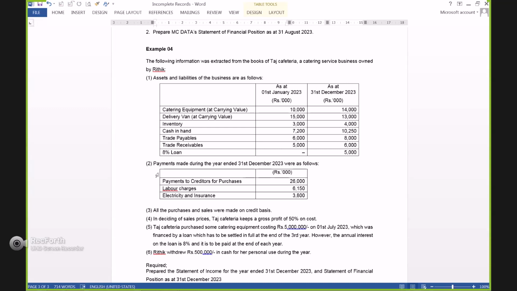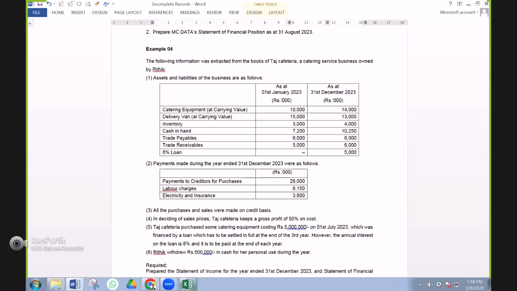So you have to transfer to the catering equipment.